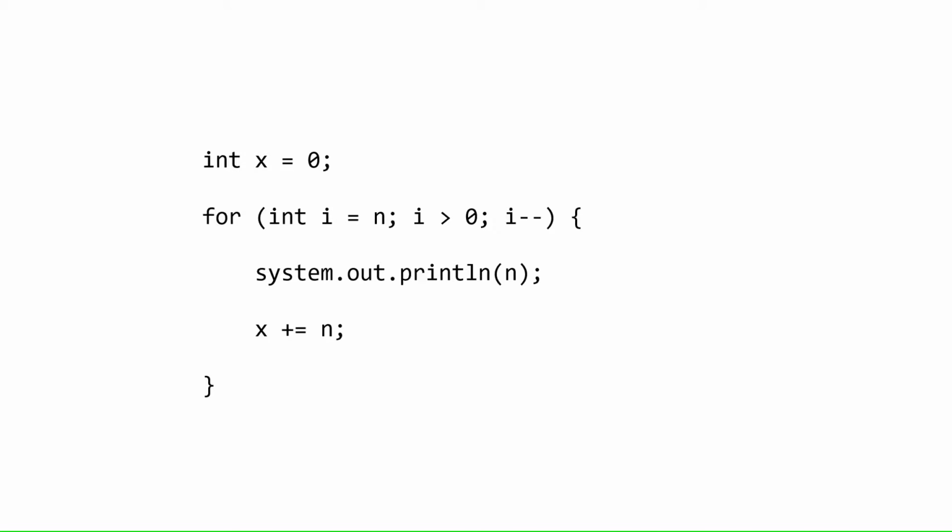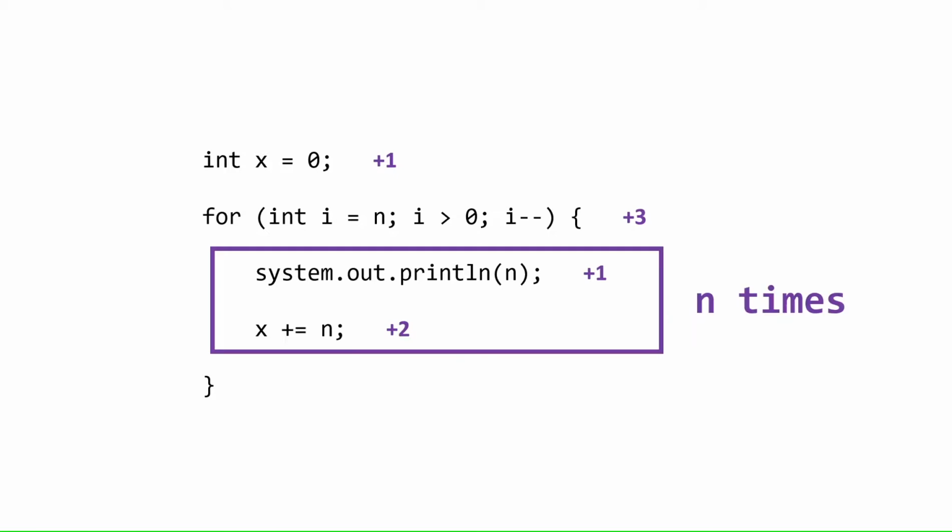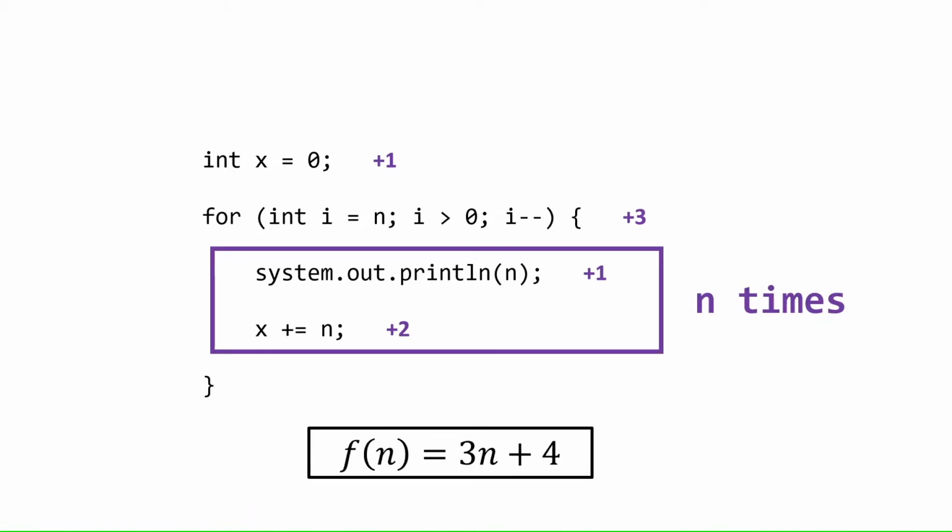We start by assigning a number of calculations to each line. And then from there, we have to identify that there's a for loop here, and this loop executes the code within it n times. So with that, we can construct our runtime function. And if you're unclear about how we get here, let me switch over to my pen, and you can see that this code executes exactly once and totals to be 4 calculations.